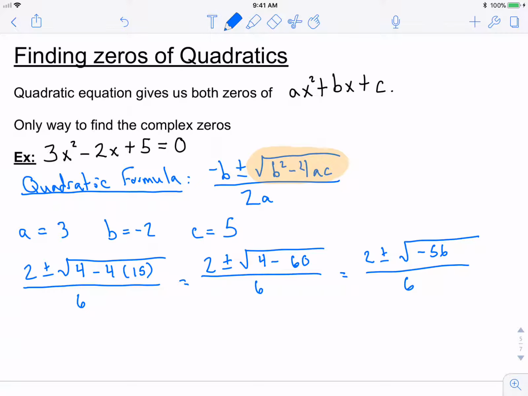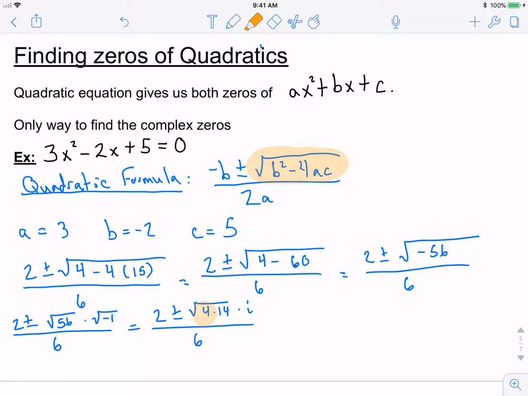So the next step is, we write this as 2 plus or minus the square root of 56 times the square root of negative 1, over 6. The square root of 56 we can simply write as the square root of 4 times 14. And now the square root of negative 1 becomes i, all over 6.